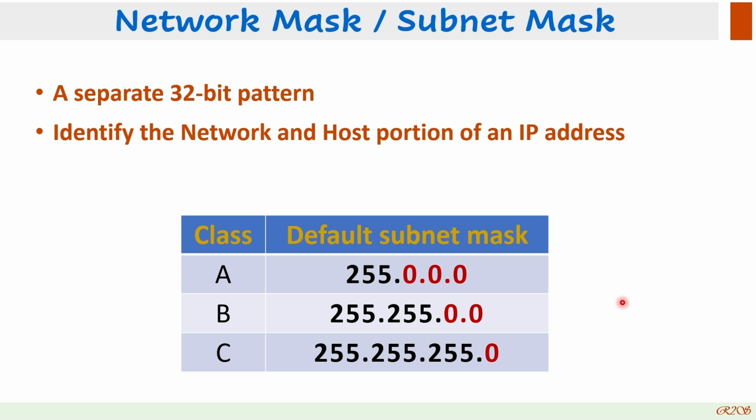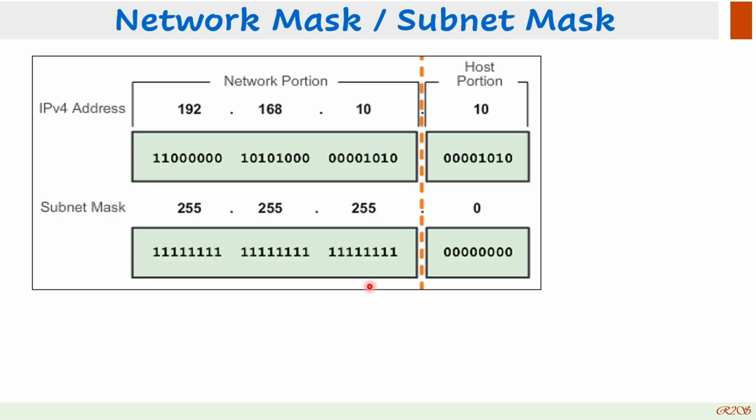Okay, so now what is the use of this subnet mask or network mask, or how does the computer understand by using this mask what part is the network address and what part is the host address? So again, for example, we have an IP address 192.168.10.10, and if we convert it to binary, we will get this binary number, right?